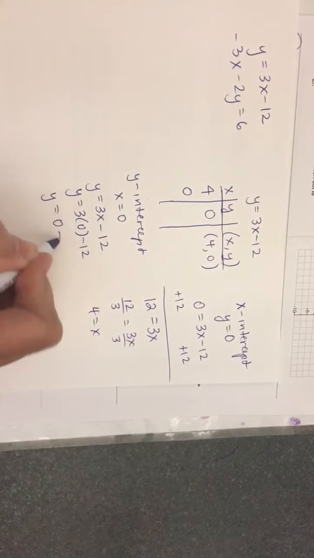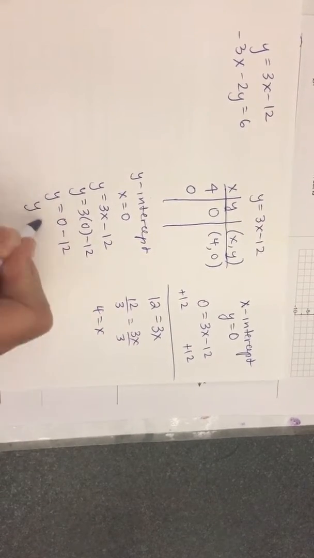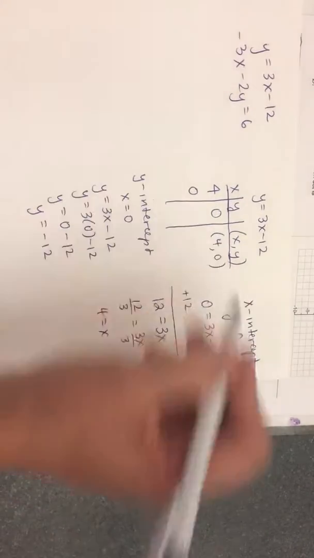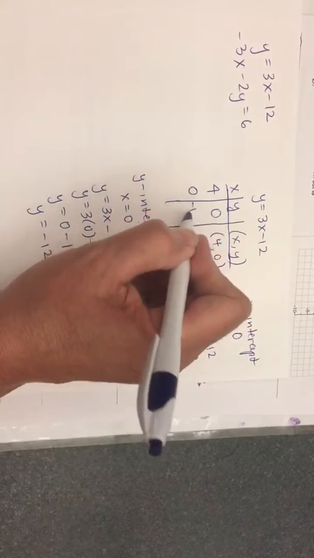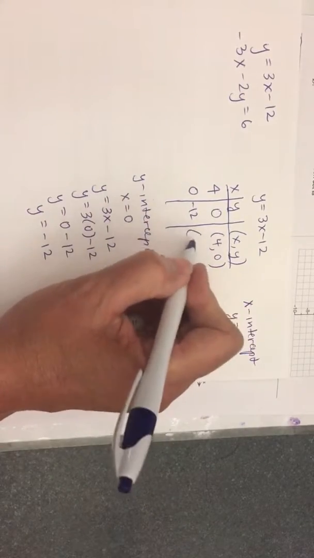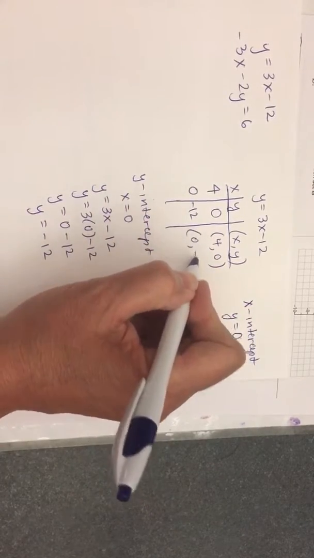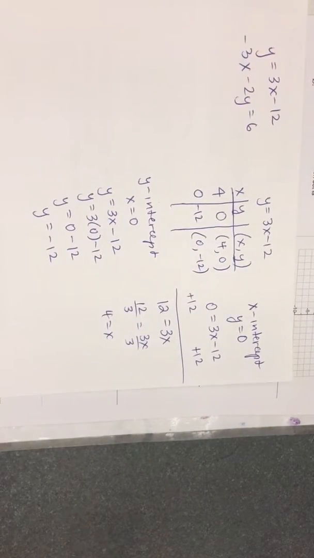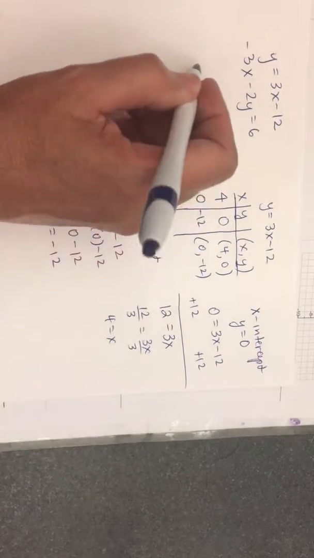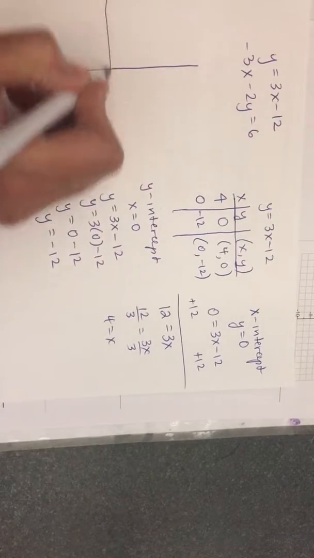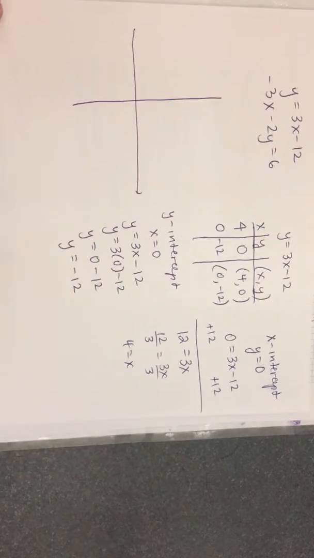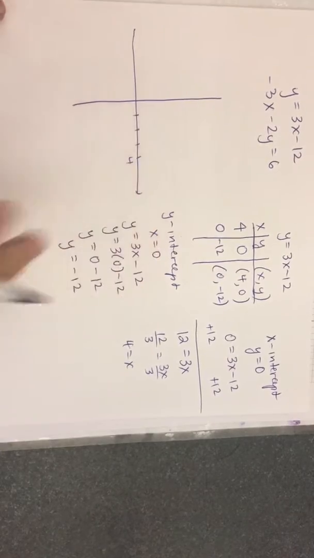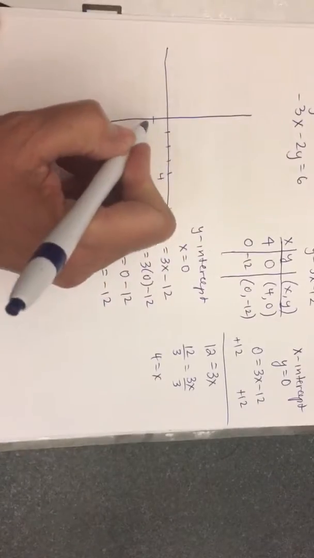Y equals 0 minus 12. Y equals negative 12. In the t-chart, 0 for x, negative 12 for y. My ordered pair is 0, negative 12. For the graph, I will go ahead and put in that line. 4 for x, negative 12 for y.